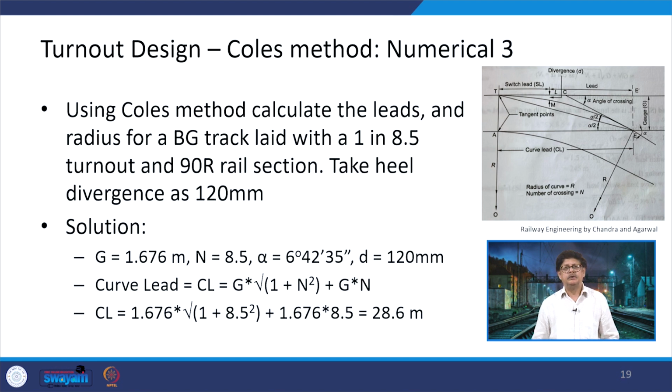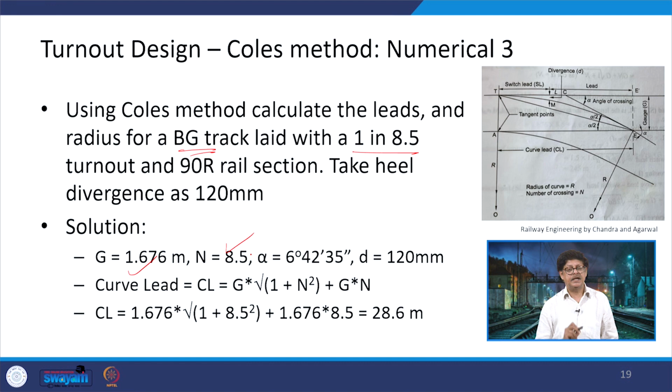Now, let us look at one of the numericals here. It says that we have a broad gauge track, that means G is defined as 1.676, and there is a turnout of 1 in 8.5, that means N is defined as 8.5.